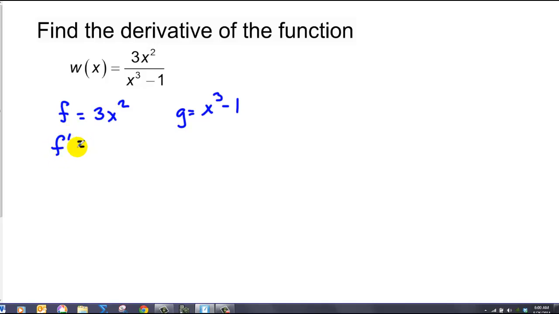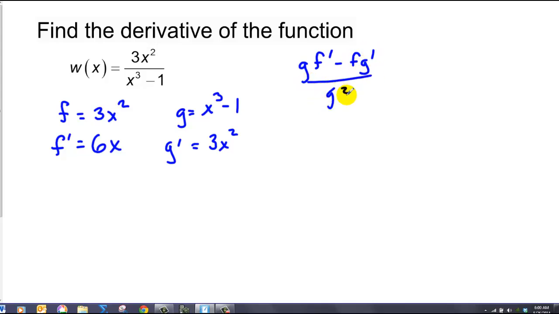F prime is 6x. G prime is 3x squared. And then we apply the quotient rule, which once again is g f prime minus f g prime all over g squared. So let's go ahead and do that.